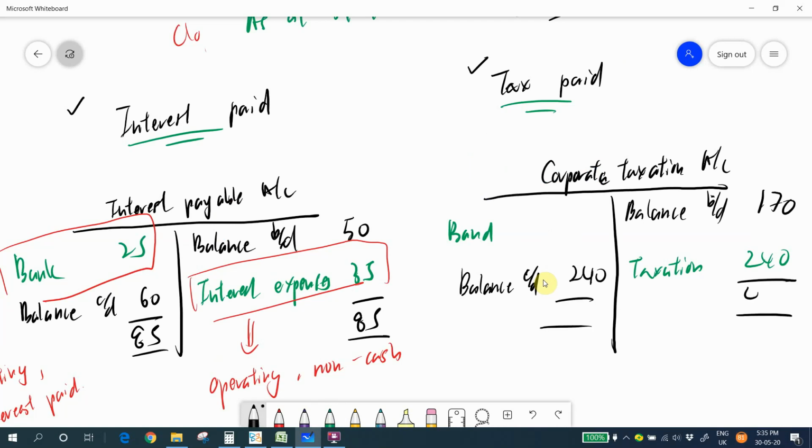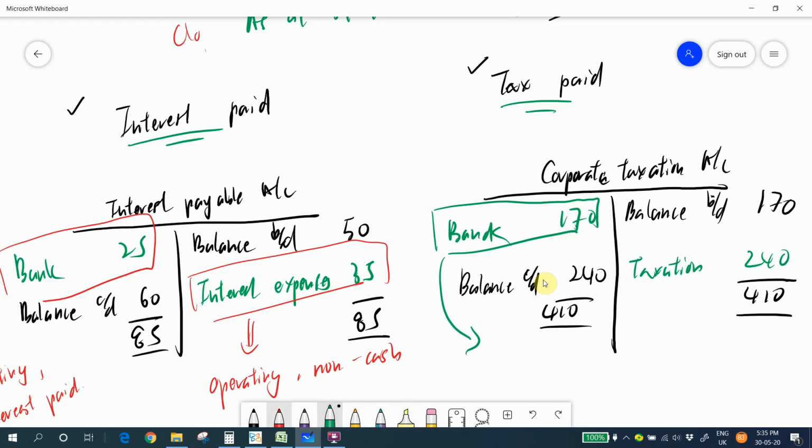Here 410 and 410 on the debit, so the missing information will be 170. So it means that in the cash flow statement we have to record this 170, and this 170 will show in operating activities.